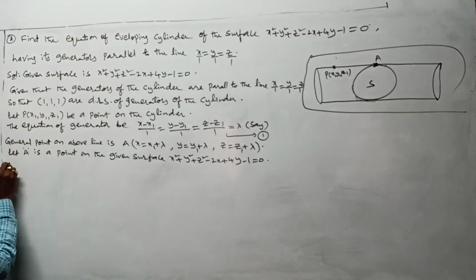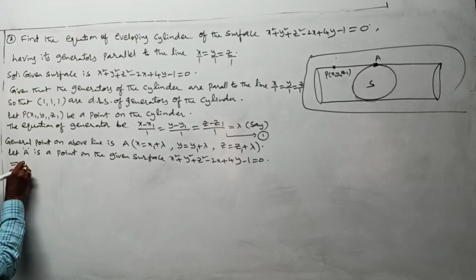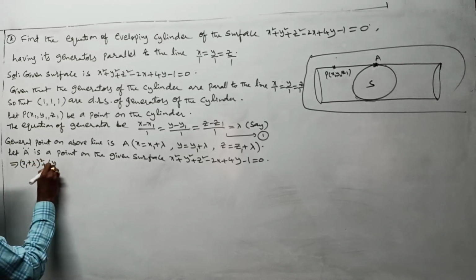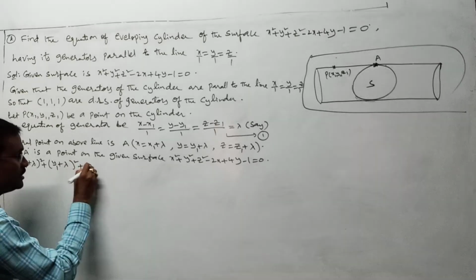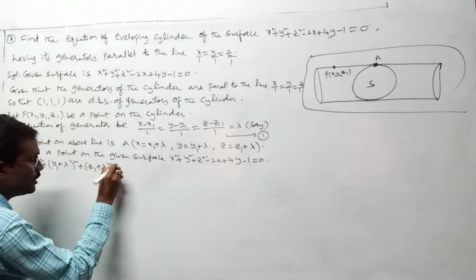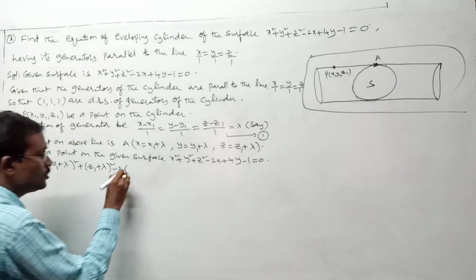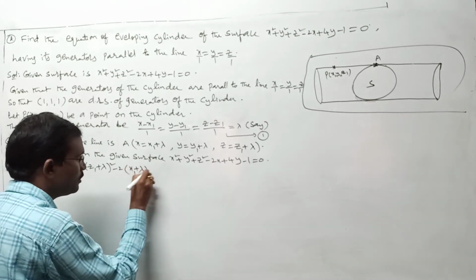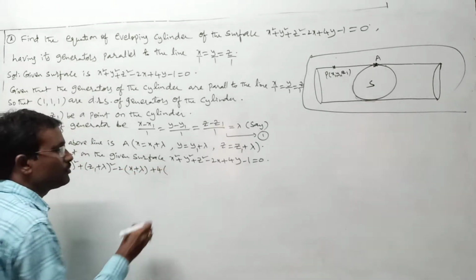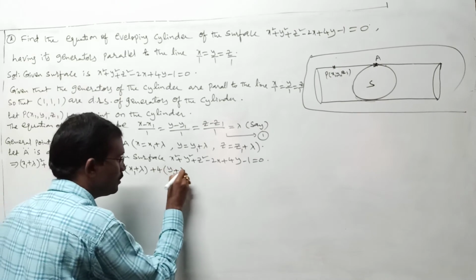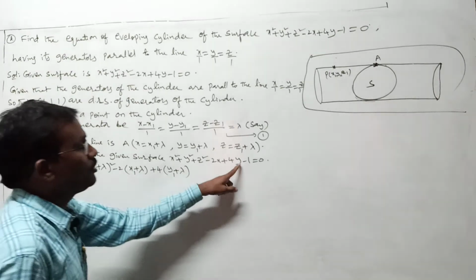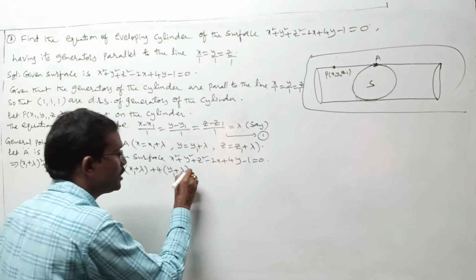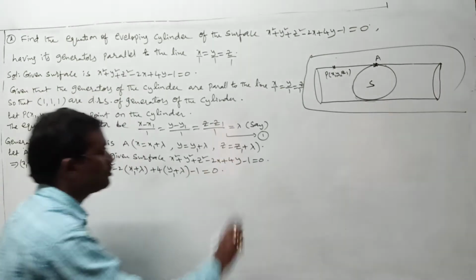This implies (x1 plus lambda) whole square plus (y1 plus lambda) whole square plus (z1 plus lambda) whole square minus 2 into (x1 plus lambda) plus 4 into (y1 plus lambda) minus 1 is equal to 0, there is no z term in the linear part.